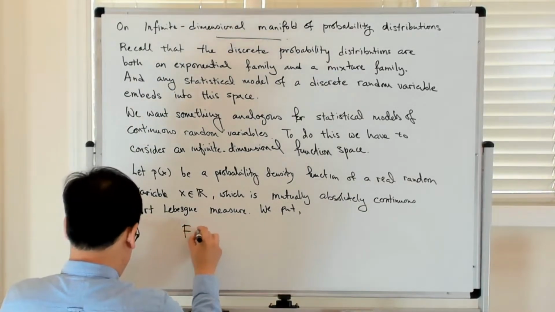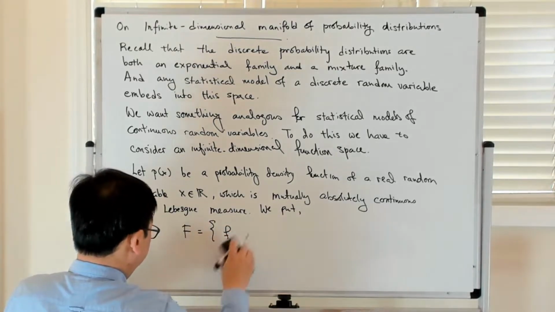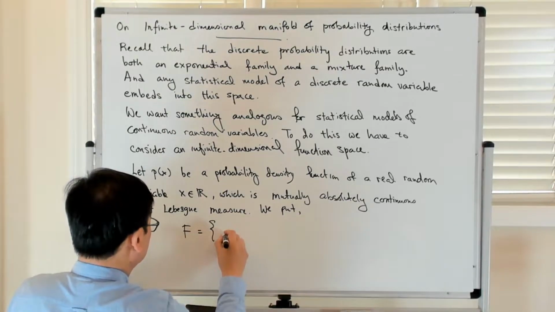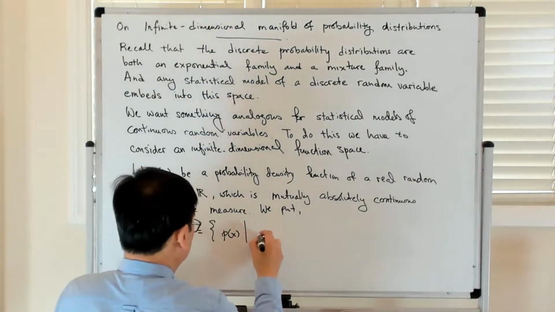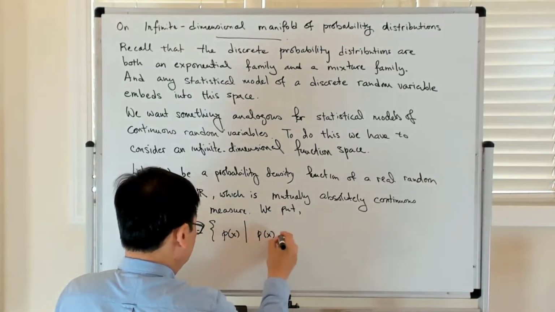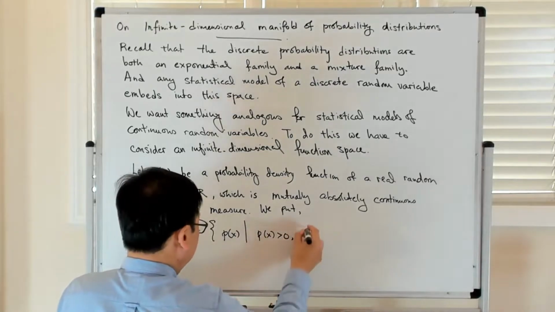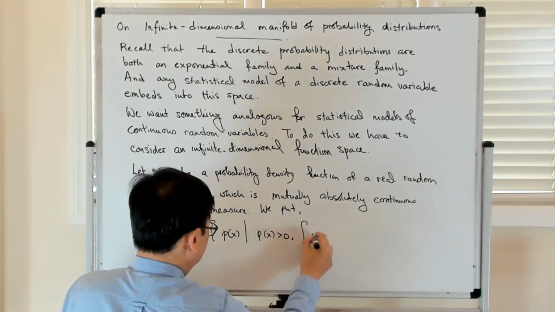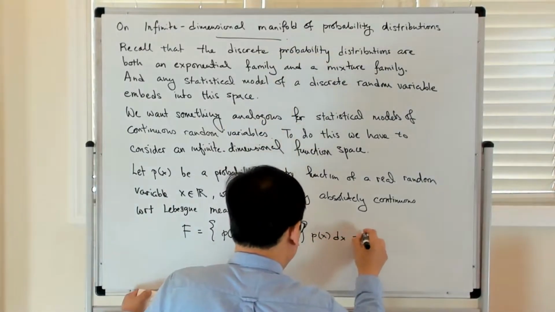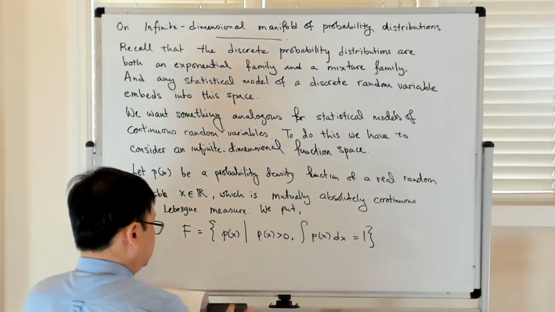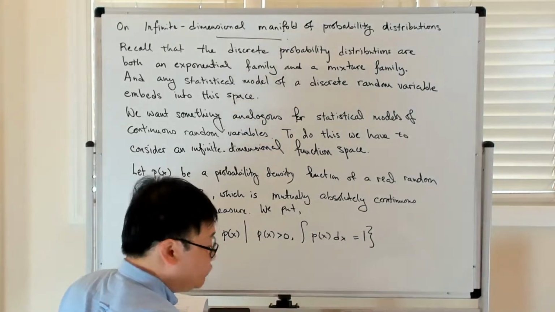You have some function space with the probability, which consists again of probability density functions with the property that at every point the probability is positive, and that the integral of the probability over the entire domain is 1. So you have positive measure everywhere, which satisfies the normalization condition.